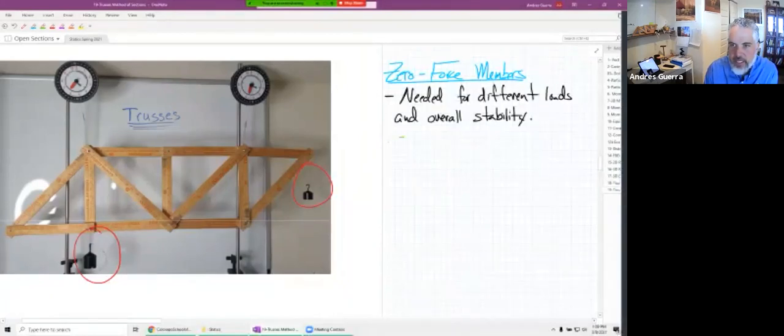We can find all zero force members with something called search and destroy.